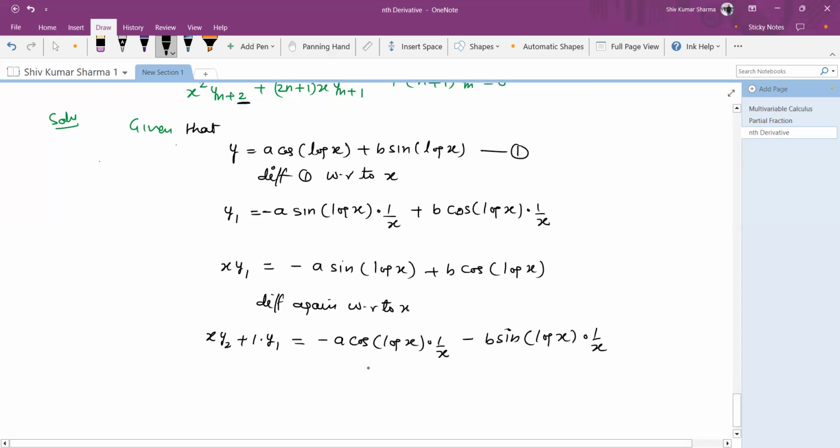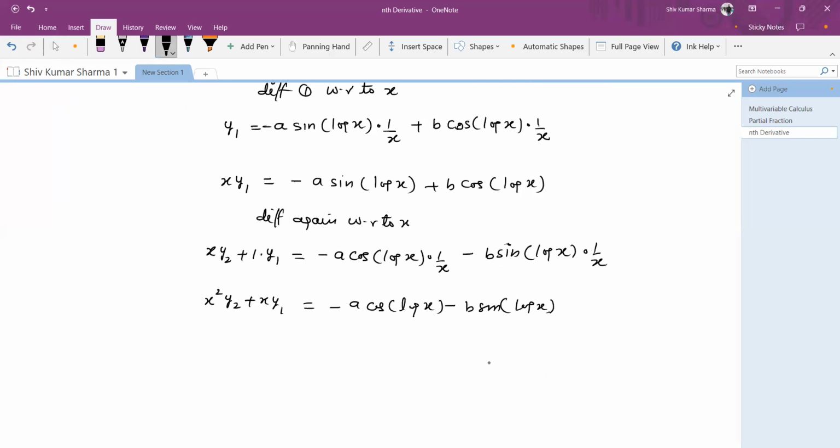So again we multiply by x. So we write down as x square into y2 plus x y1 is equal to minus a cos log x minus b sin log x.